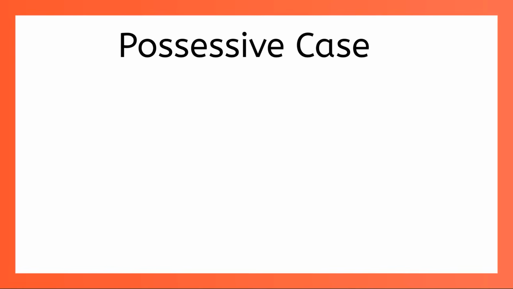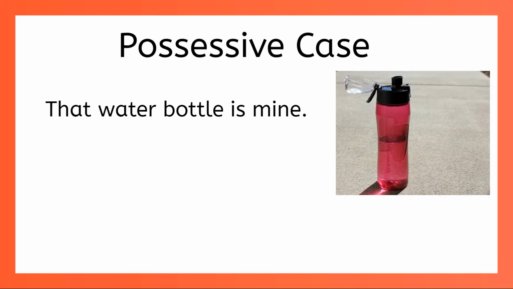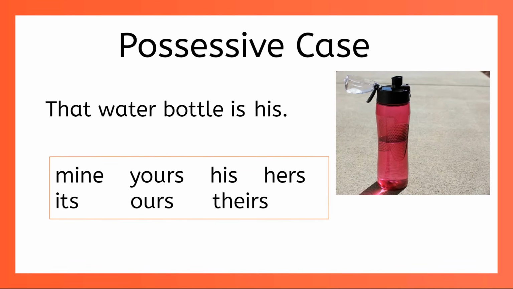That brings us to our final pronoun case, possessive case. These are pronouns that show possession, like "That water bottle is mine," or maybe it's hers or his. The possessive case pronouns are mine, yours, his, hers, its, ours, and theirs.